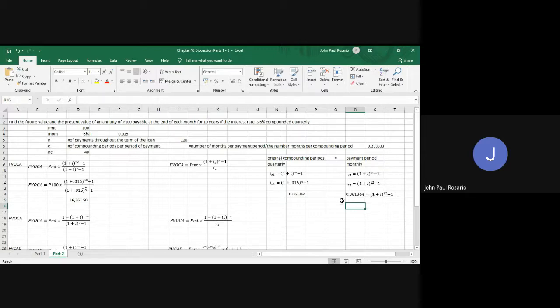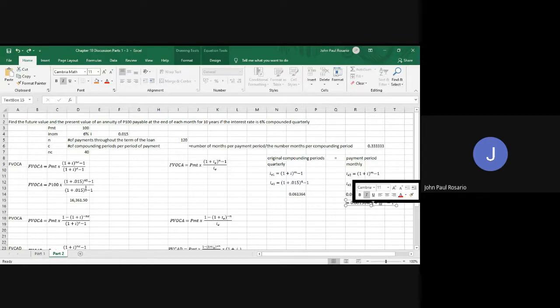From here on out, we will now simplify this formula. Your minus 1 here will be transferred to the other side. Just bear with me on this, guys.